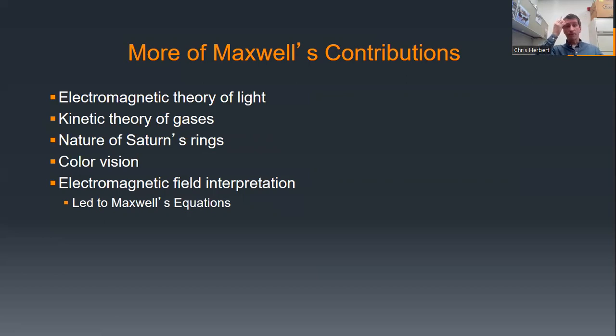He talked about the nature of Saturn's rings. I think he was the first to propose that they had to be made of individual particles because if they were solid, they would not be able to stay together structurally. He explained color vision. Well, that's related to electromagnetic waves. And of course, this is going back to the electromagnetic theory of light. He came up with the field interpretation of electromagnetic waves connected to his four equations.